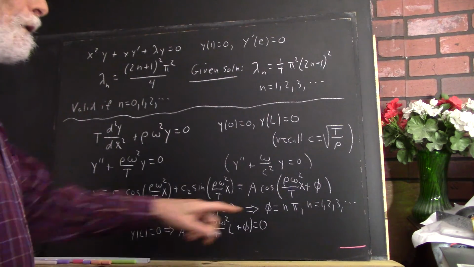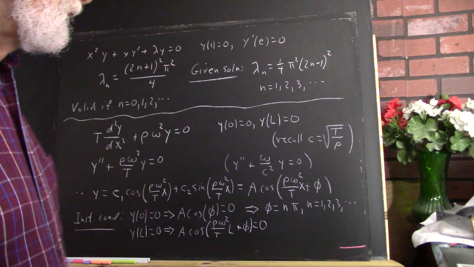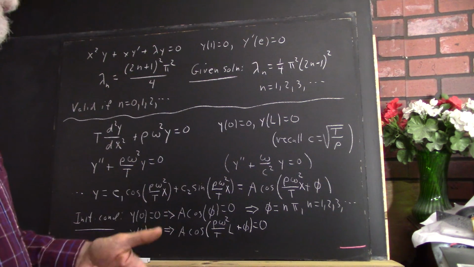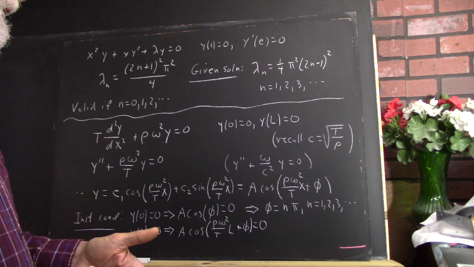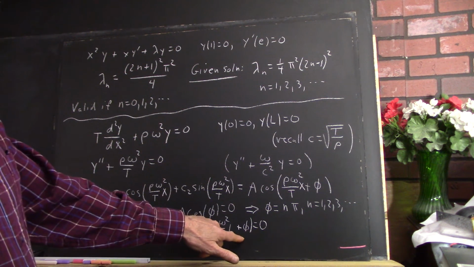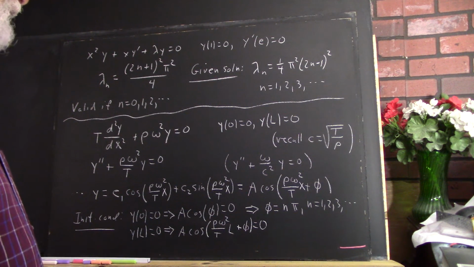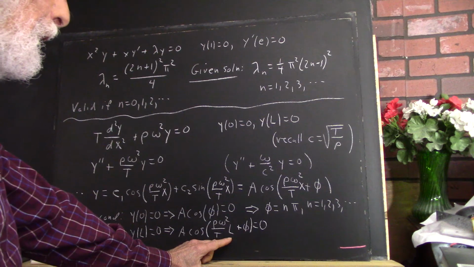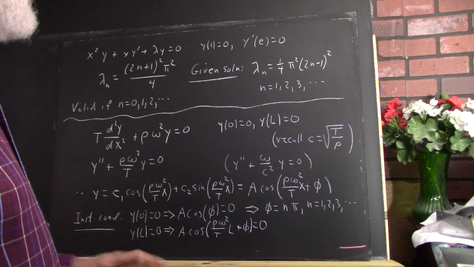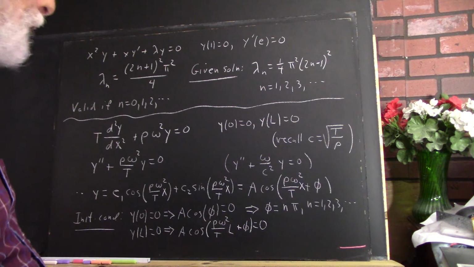And you see right here that your eigenvalues are starting to emerge. You have this restriction. Now if phi equals n pi, then you have a cosine of this plus a multiple of pi equals 0. And that means that L times the square root of rho omega squared over t also has to be a multiple of pi. Now I'm going to let you work that out.